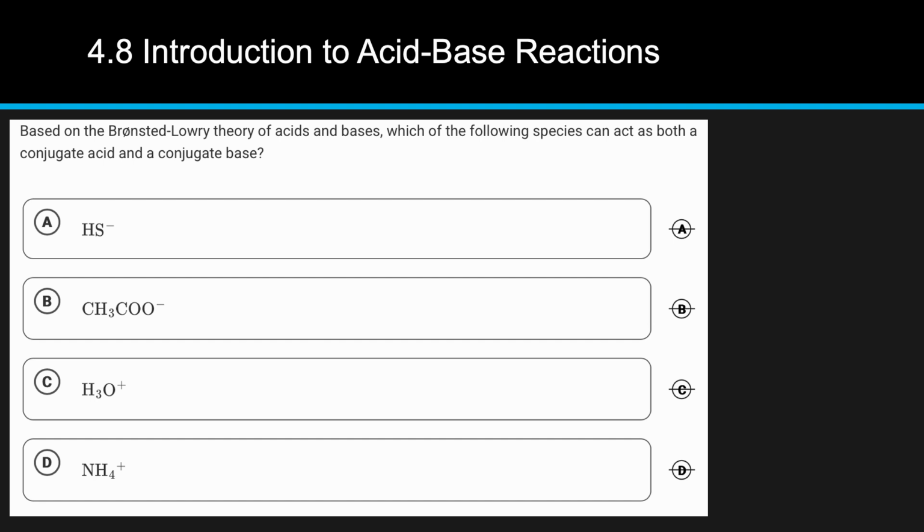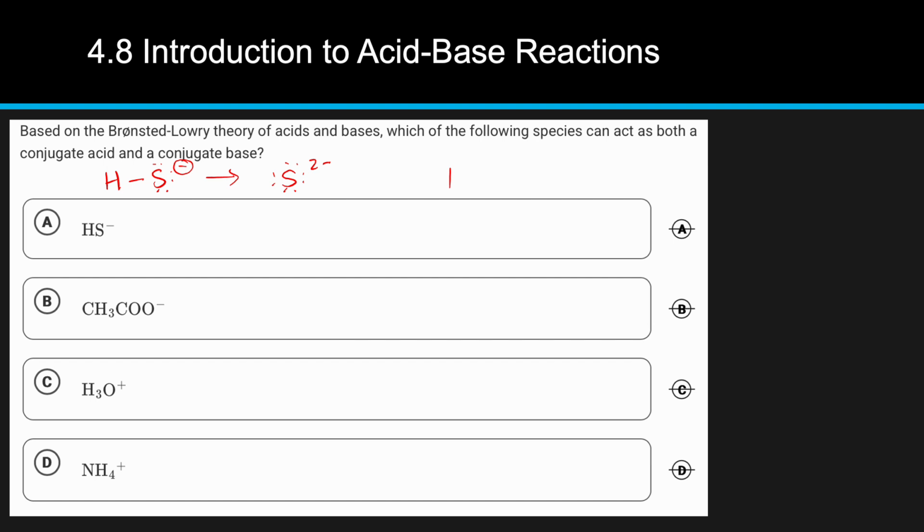So looking at HS minus, my structure looks like this, which means technically I could lose that hydrogen because sulfur is pretty electronegative and form S with a full octet and a 2- charge.